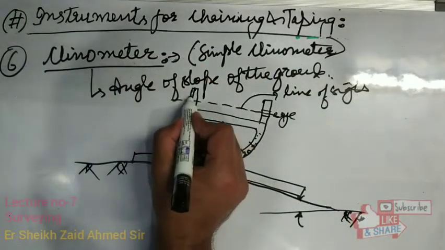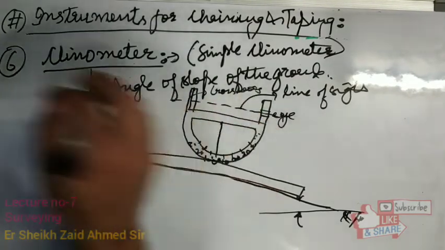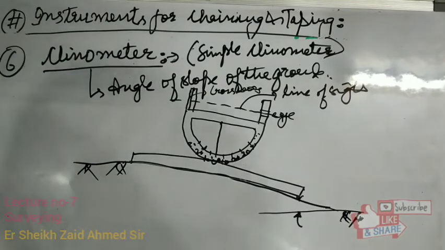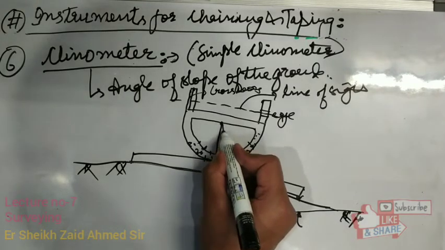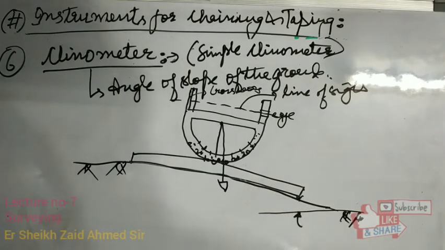These are the crosshairs. So, what does it say? A light plumb bob on a long cord is suspended from the center.